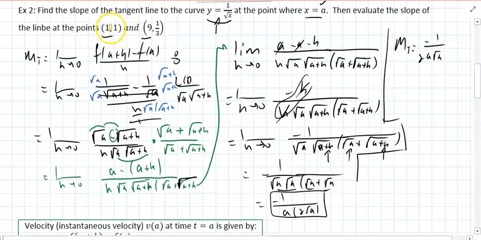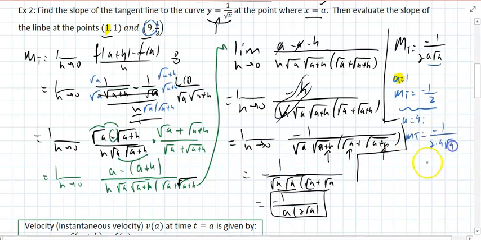If I let, in the first case, a equal 1, the slope of the tangent will be negative 1 over 2. And in the second case, if I let a equal 9, the slope of the tangent would be negative 1 over 2 times 9 times radical 9.